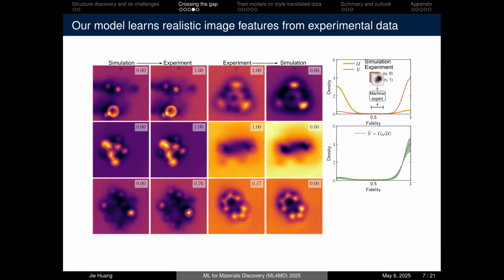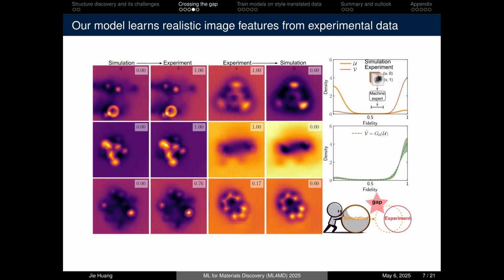So what we do here is we start with the simulation images and do the style translation, and it ends up with a distribution that looks like this, which is more close to the real data. So here we believe that using this generator from CycleGAN, we can cross the simulation and experimental gap.